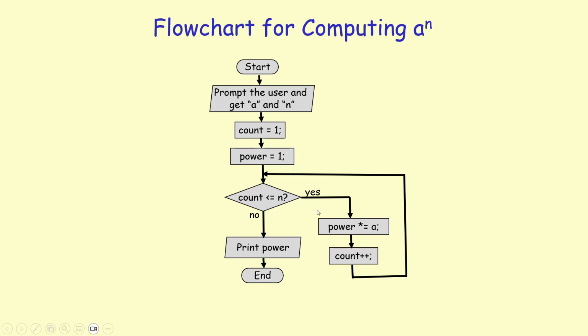If not, then we go into the body of the while loop, we multiply power with a, increment the count variable, and come back to the beginning of the while loop and ask the same question, have we multiplied power with a n times? If not, we again go into the while loop, execute the same statements, and come back. Eventually, count will be bigger than n, which means we have already multiplied power with a n times, and we get out of the while loop and print the power, and that's the end of the algorithm.